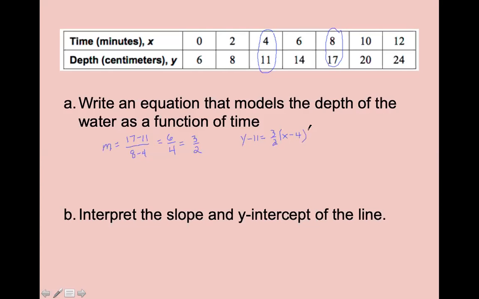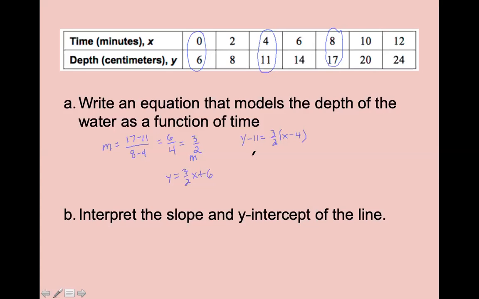I could have also chosen to use my y-intercept here, take my slope. Remember, this is my slope, and I could have written y equals 3/2 x plus 6. So when you are writing an equation to model the data, it could be off a little bit depending on which ordered pairs you pick. That's why it's helpful to graph them and see two points that really are very representative of the function, and I just picked these two. Let's see how close this is to this equation.